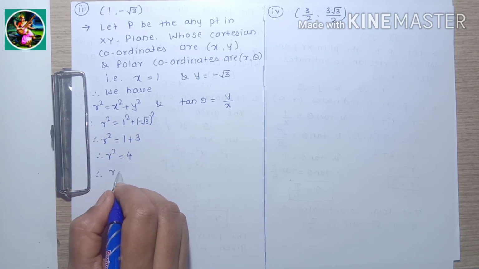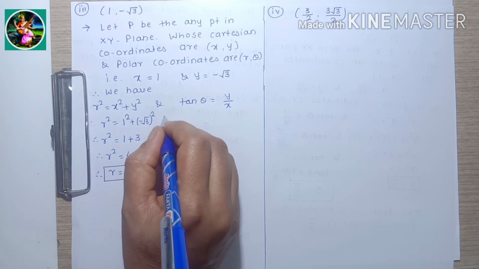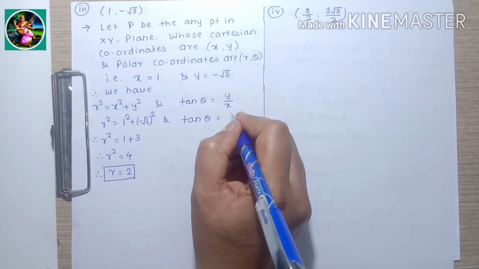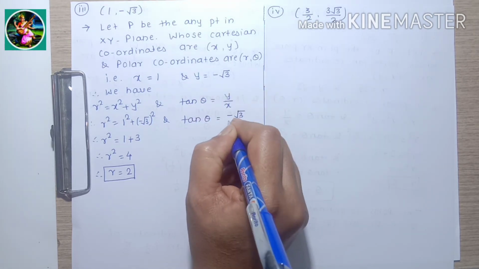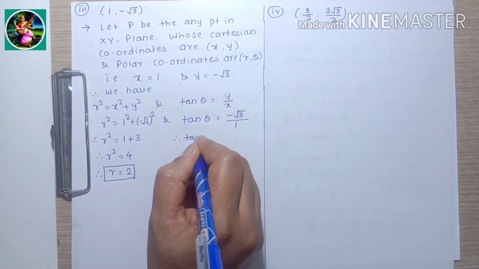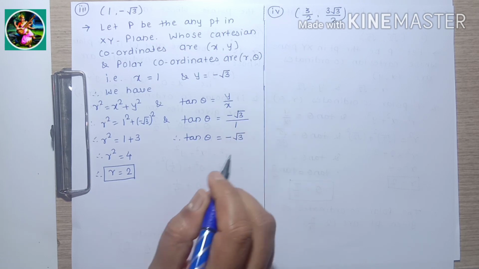Therefore r is equal to 2. And tan theta is equal to, the value of y is minus root 3 and the value of x is 1. Therefore, here we get tan theta is equal to minus root 3.